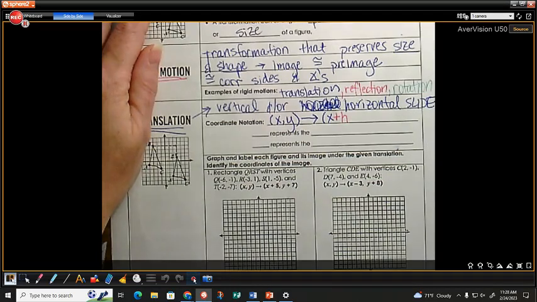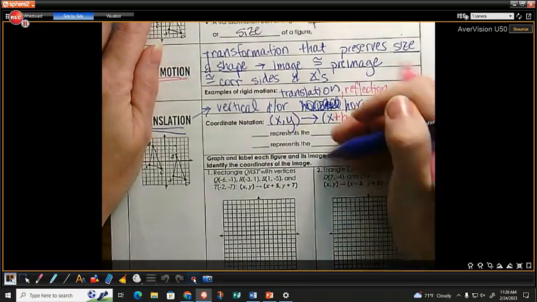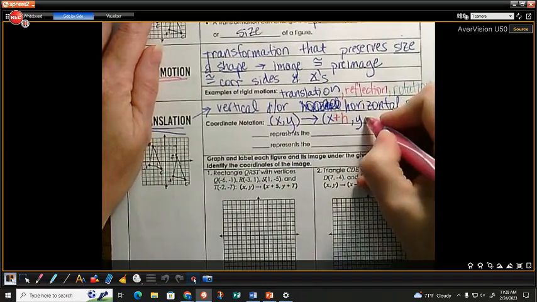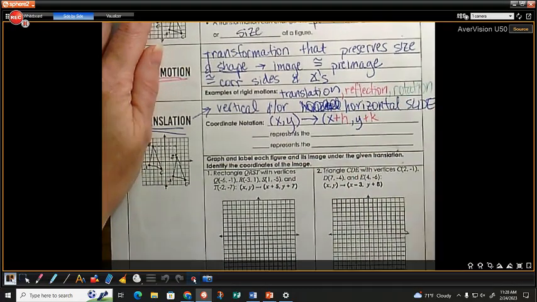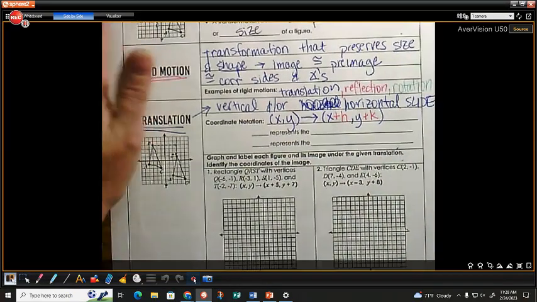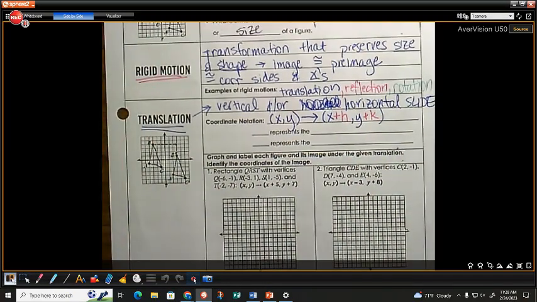Which direction does x always move? Left or right. It always moves sideways. Okay? And then I'm going to say my y is going to move. Which way does y always move? Up or down, vertically. And so that one's going to use the letter k. H and k are good buddies. They're very similar to each other, so they get to stick together a lot. Wait a minute. Aren't those the letters we used when we did our circles equation? Yeah.